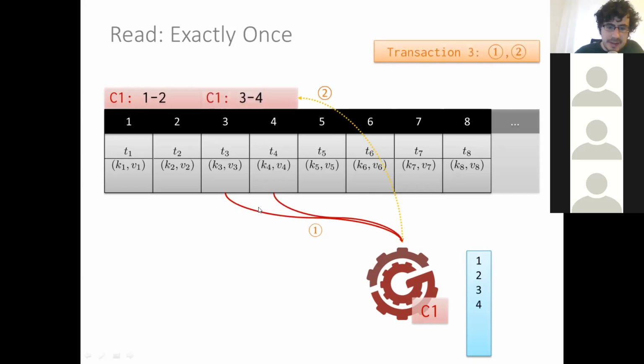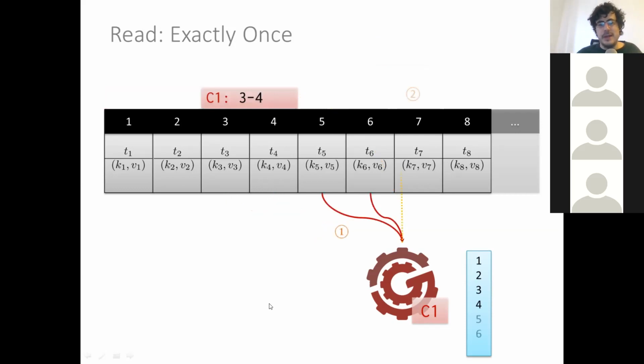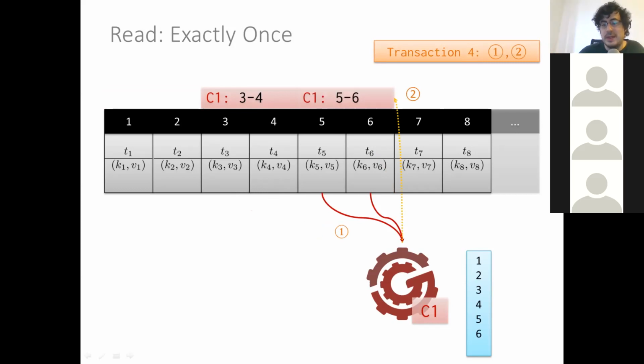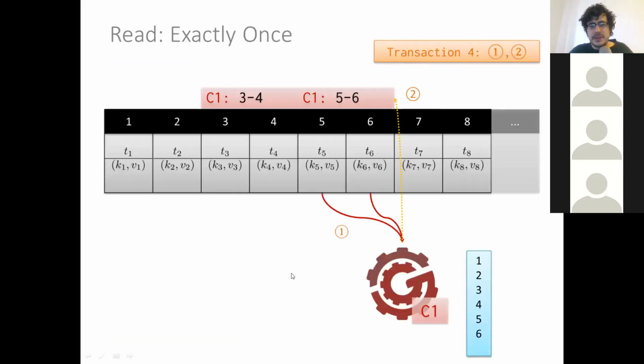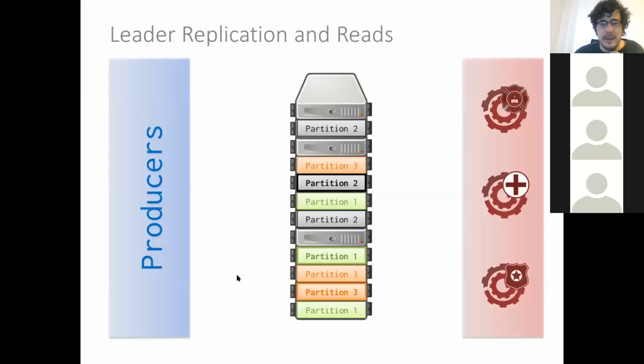Then we have the next read and the next acknowledgement and so forth. So by using these transactions, we can give a sort of exactly once guarantee that everything is read exactly once. This is the most costly overall, because now we have this transactional cost associated. So it's somehow the strongest guarantee, but also the most expensive.